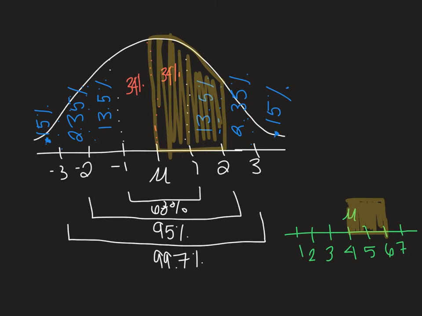And you'll just do 34 plus 13.5 to get your answer there. And that should be 47.5%.